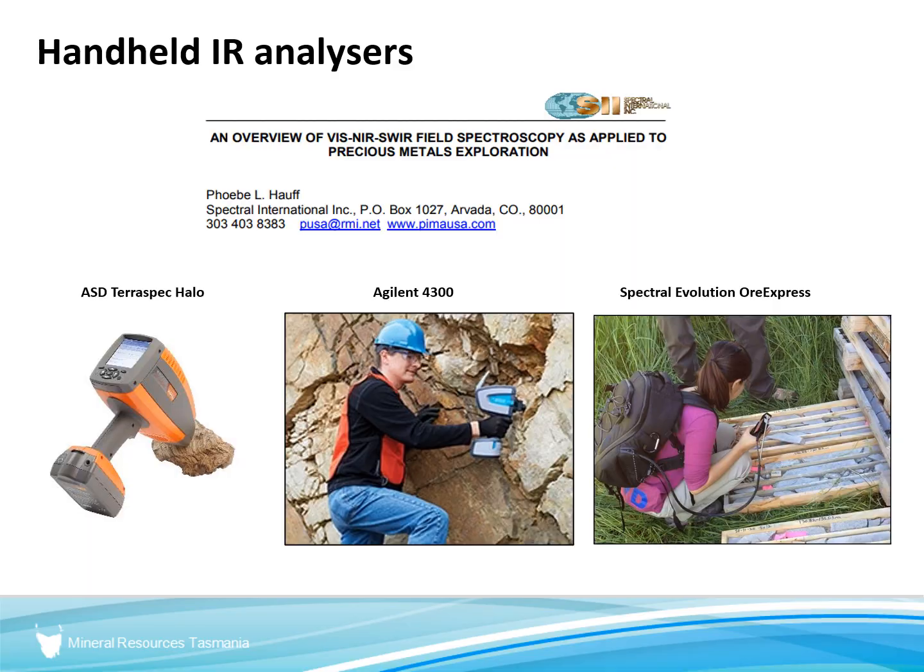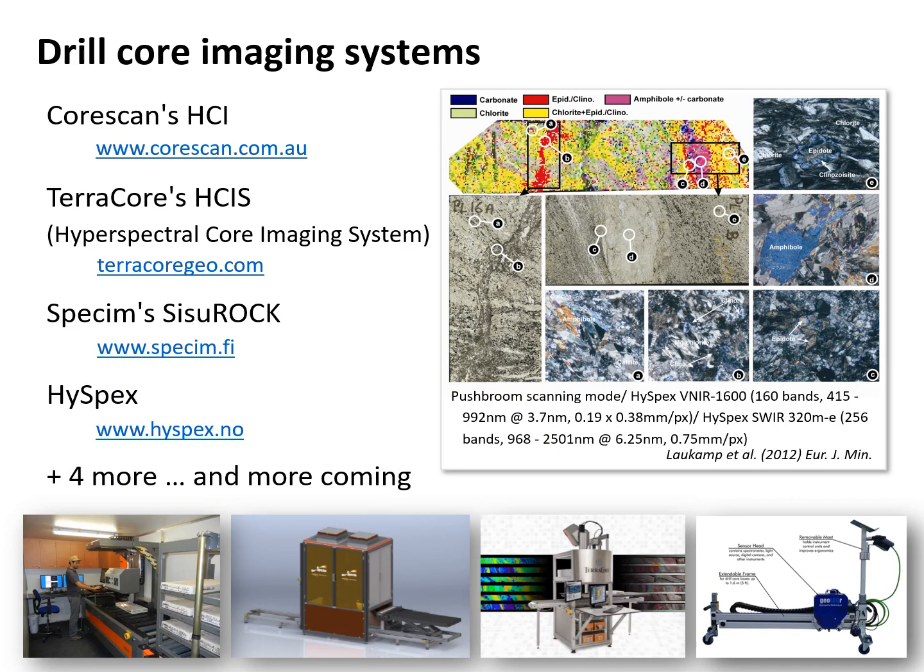So there are drill core imaging systems, including the CoreScan, obviously, and an increasing number of competing systems in this space, including down the bottom right here, a portable logger which you just run over drill core that's in trays on the ground.